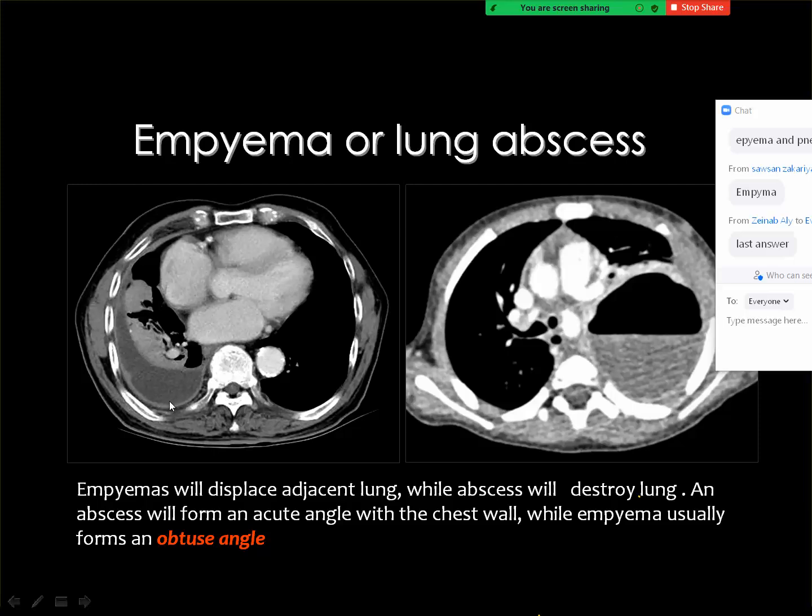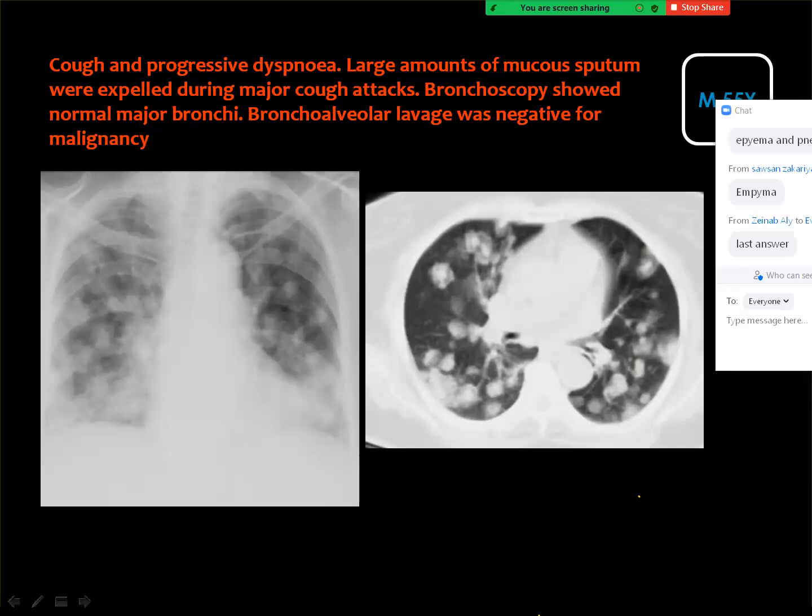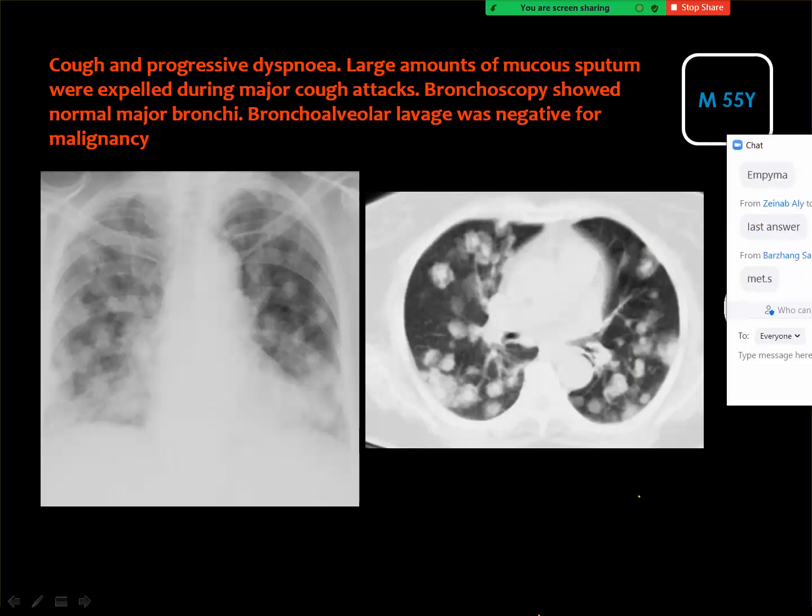Empyema is an extrapulmonary lesion which will be associated with collapse of the underlying lung, while the abscess is not.